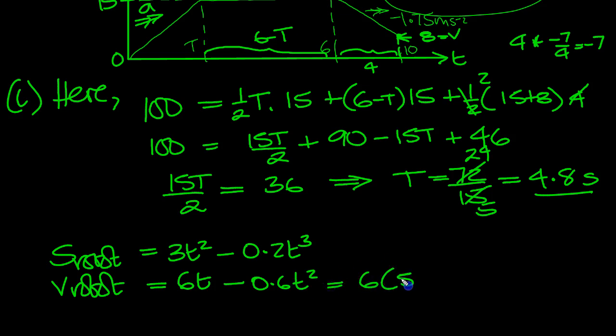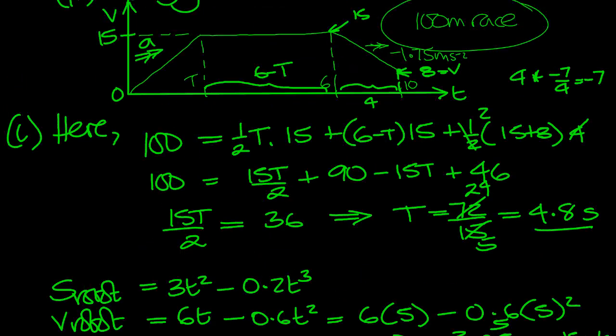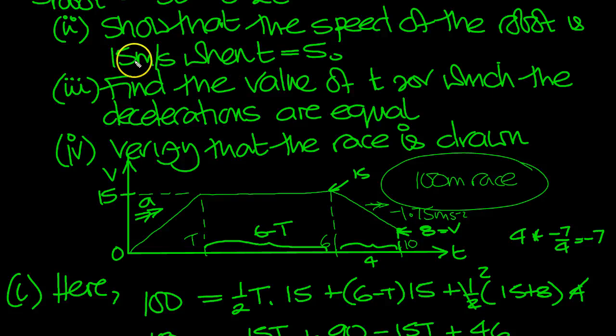Put 5 in: 6 times 5, minus 0.6 times 5 squared. 30 minus 3/5 of 25. 5 goes into 25 5 times, so 3 times 5 is 15. 30 minus 15 is 15 meters per second. So that's the velocity of the robot, which is what we wanted to show.